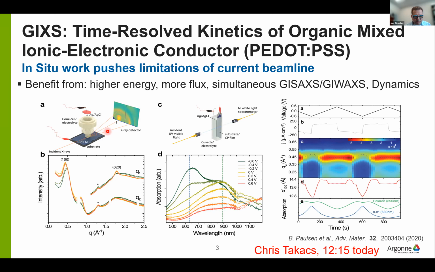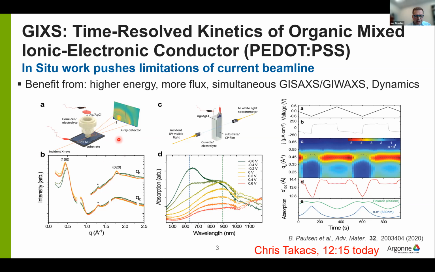With a cleverly designed sample chamber, they're able to put a thin film of this OMIEC material in an aqueous environment and apply an electrochemical potential. These materials are of great interest because, since they conduct both ions and electrons, they're perfect for interfacing with biological tissues. They're of great interest for implantable, wearable biosensors, but also as building blocks for neuromorphic computing and other applications.